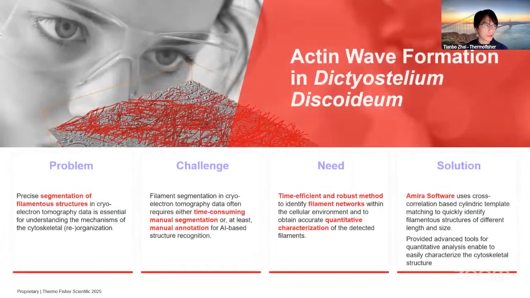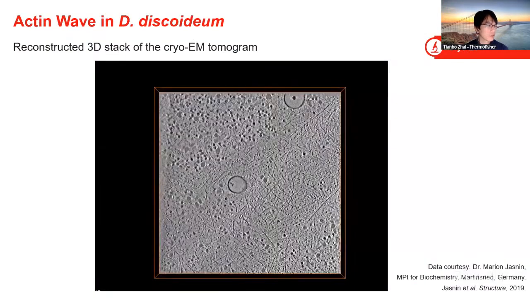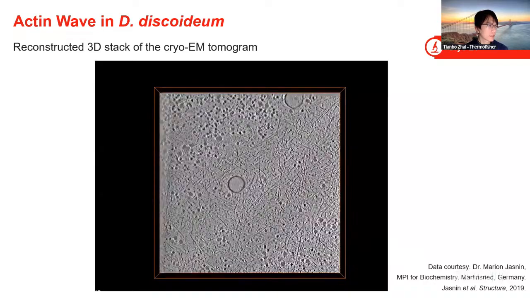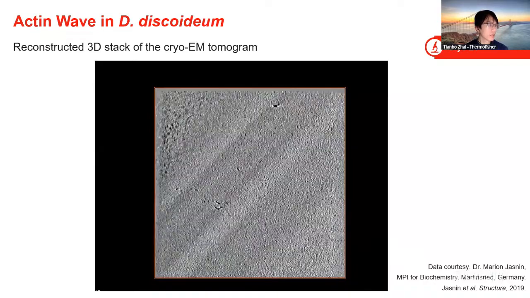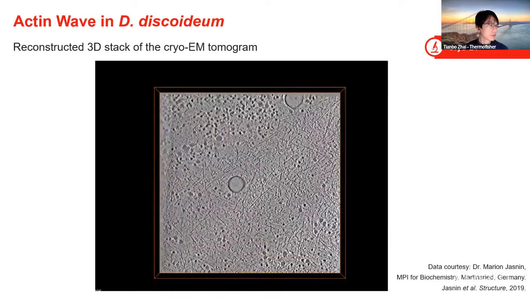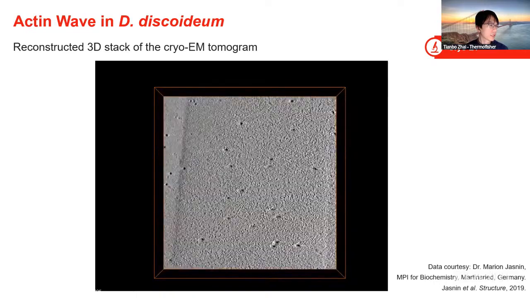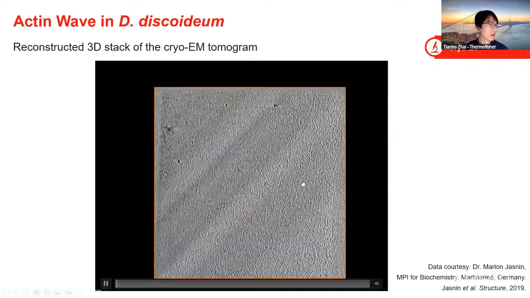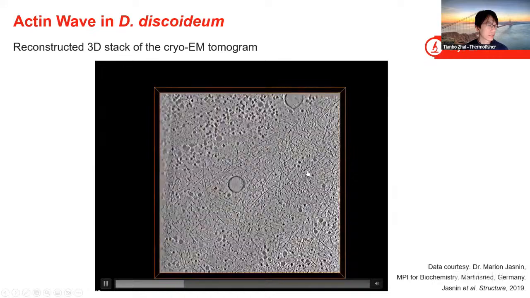This is one of those typical cryo-EM data sets, as you can see. But the key structures that people are interested in here are those filament-looking structures spread out across the entire 3D space.